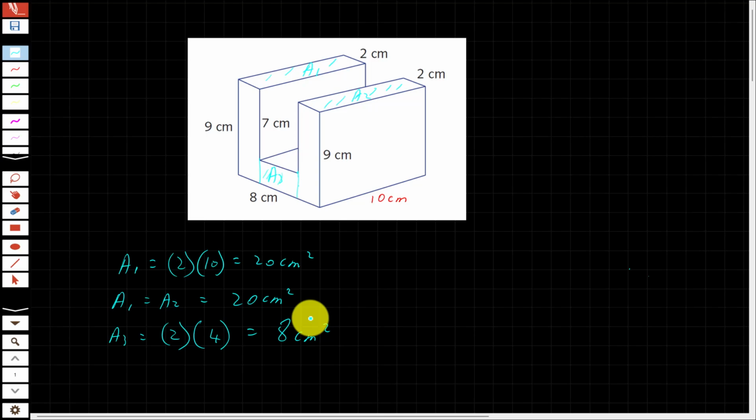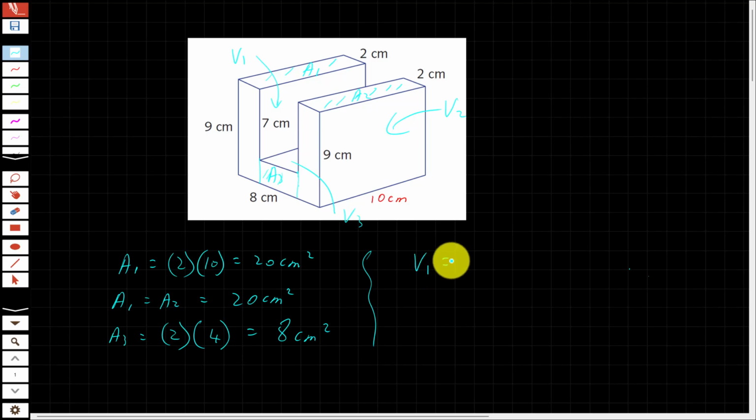So let's firstly calculate the volume for this side, the left hand side there. We need to take that A1, that area of that top section, multiply it by the depth that area goes through the object, which is 9 centimeters. So we'll call this V1, we'll call this V2, and we'll call this V3.